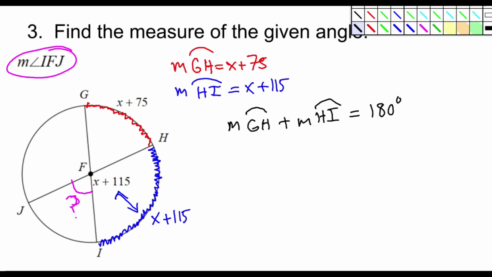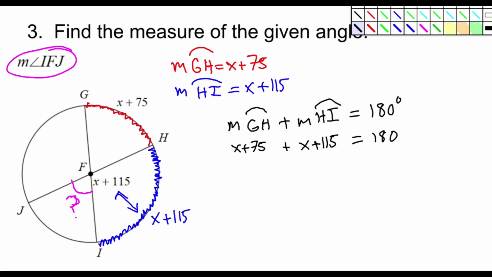All right, so in this problem, we can do a little substitution. GH is going to be x plus 75, and the measure of arc HI is going to be x plus 115, equals 180. And again, you can solve it by hand if you like, or you can just throw this into GeoGebra and solve this one.